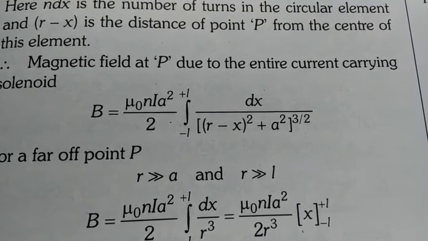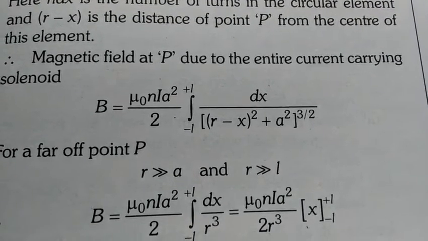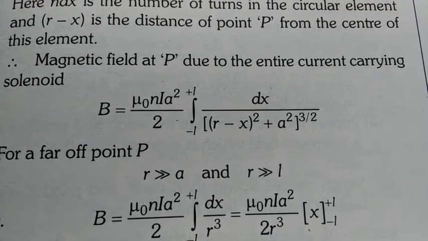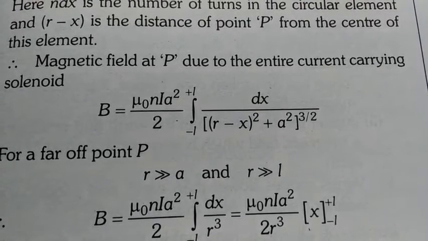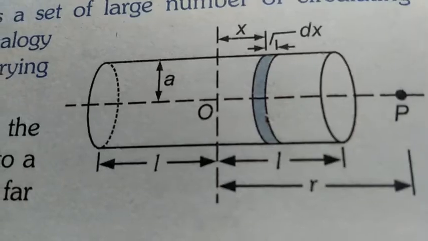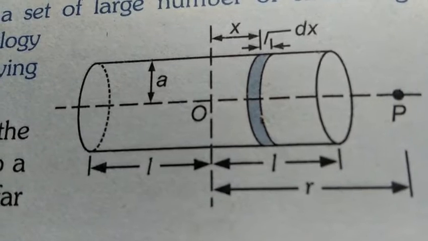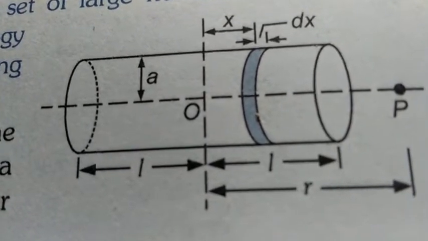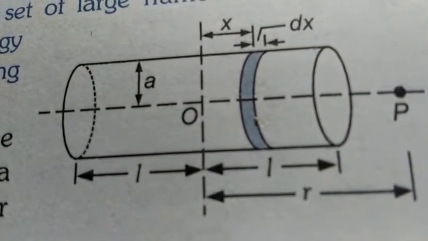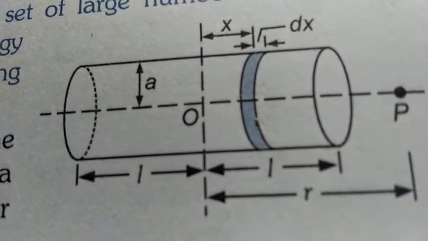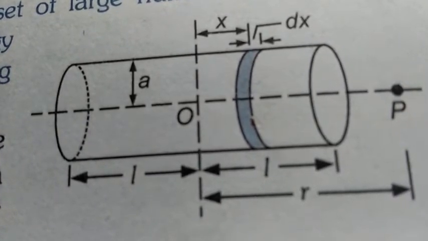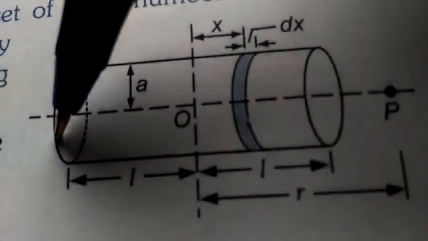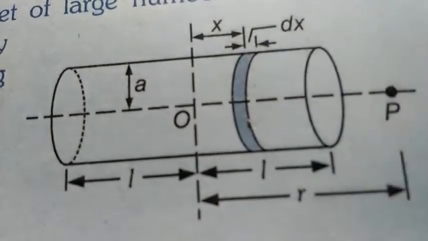The magnetic field at P due to the entire current carrying solenoid will be the integration of dB from minus L to plus L. Why do we take the limits from minus L to plus L? Because, as you can see, the two halves of length L lie on opposite sides of the center O.